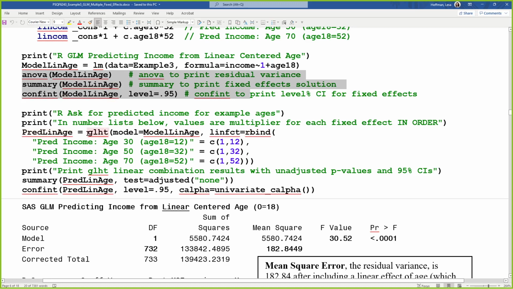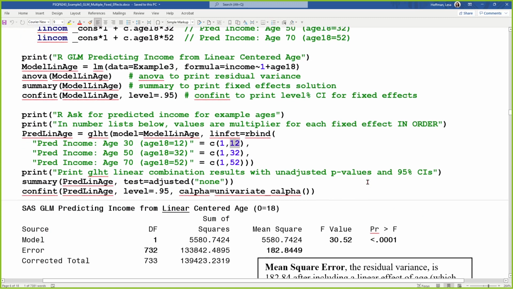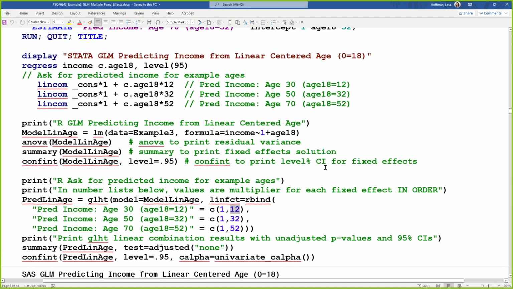And then in R, I'm using glht to show how you would ask for predicted outcomes for any age. So this 1 refers to the intercept, and the 12 would refer to the centered value of age at which you want the prediction. Okay, any questions on the code to set up the model?